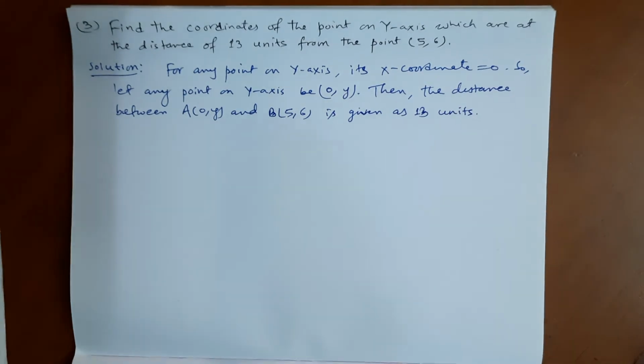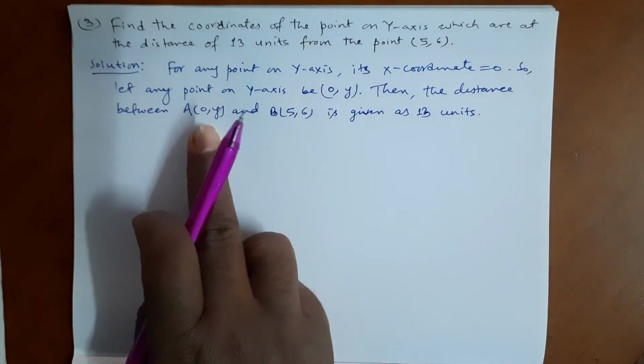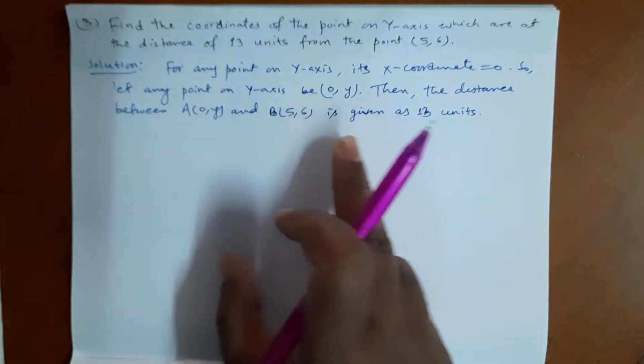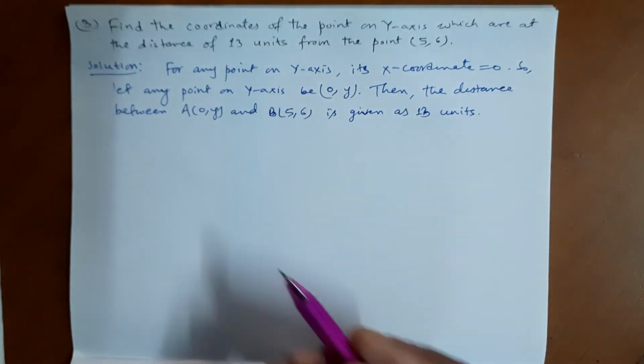So the distance between this point on the y-axis and (5, 6) is given as 13 units.